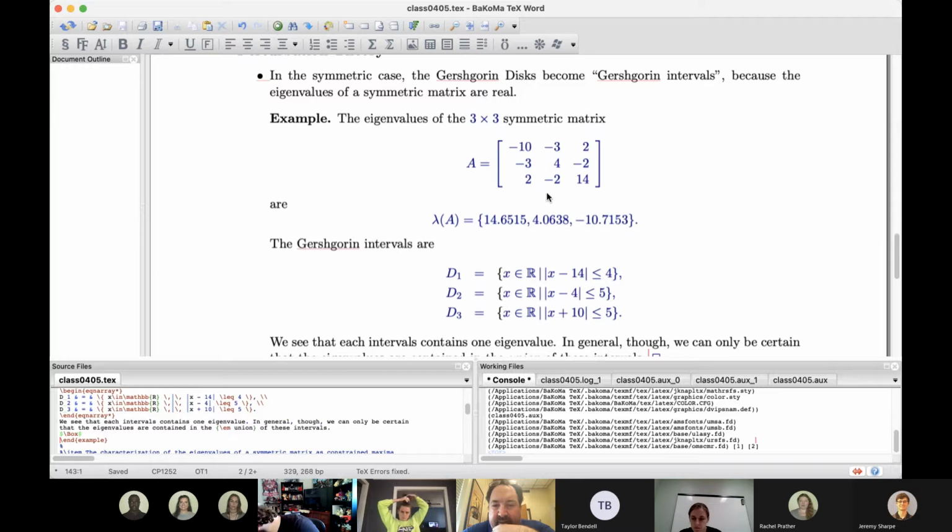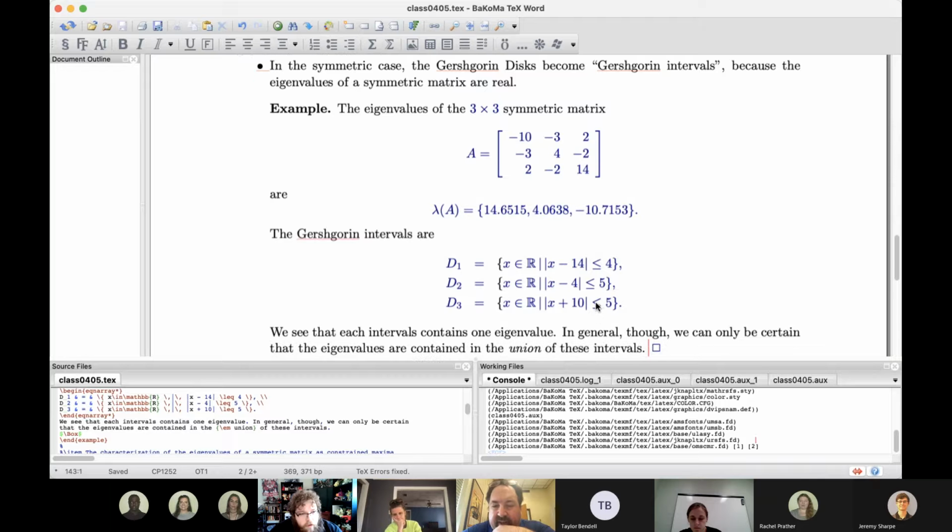For instance, in the last row, the sum of the absolute values is 4. So x values between 10 and 18, 4 less than 14 and 4 more than 14. That means an eigenvalue may be in this interval, and then you consider these intervals too.